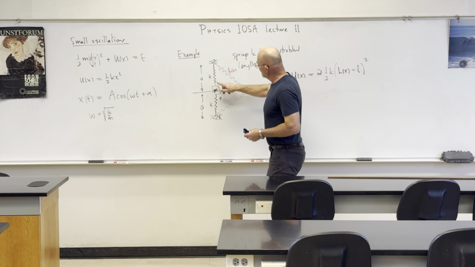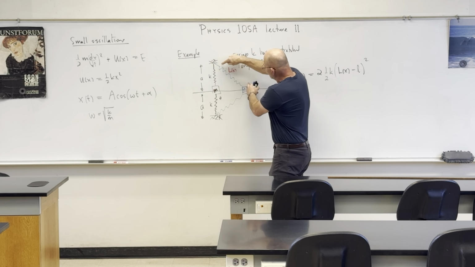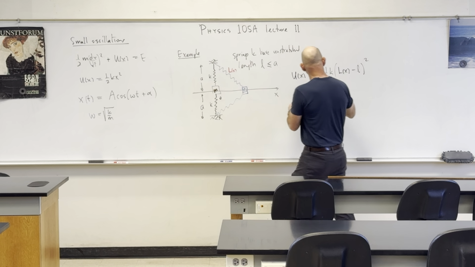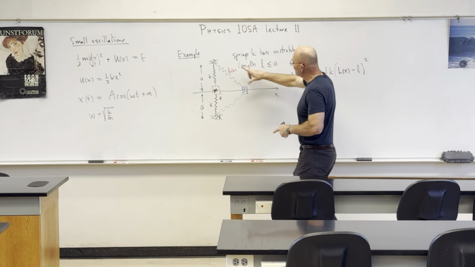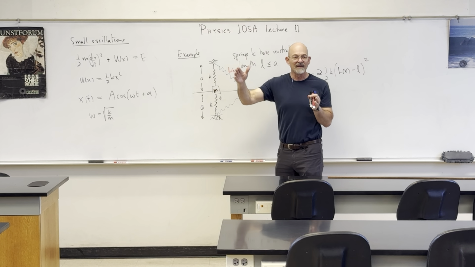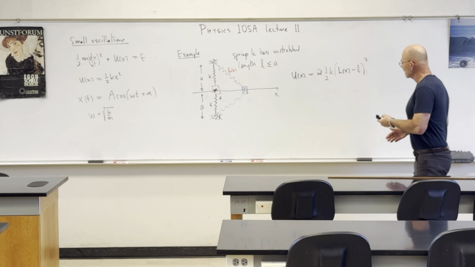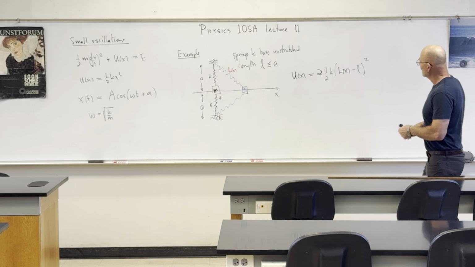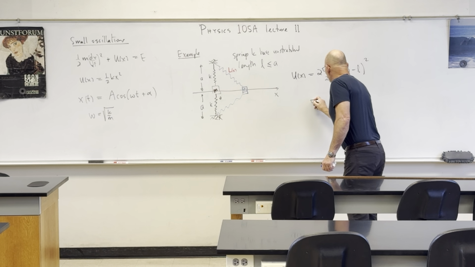And when I stretch this spring, here's the blue line. The amount of energy in is the length minus the unstretched length, because that's my delta length squared. So let's clean this up a bit. First thing, a good thing to do is to take the 1/2 out. We want to keep that standard form.